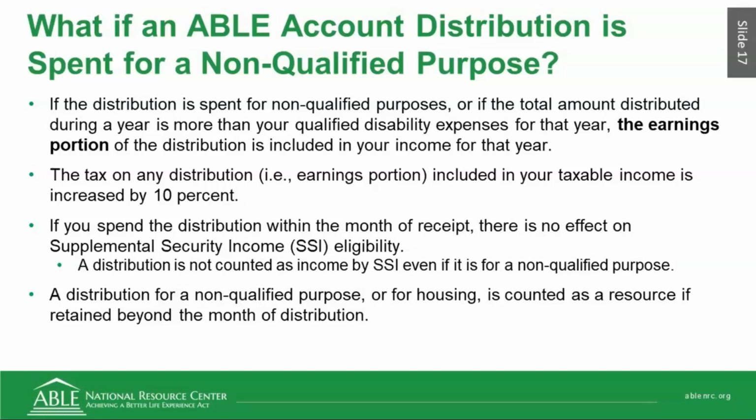Let's say you've got a person who's been putting money into the ABLE account for the last 2 years or so. They've made a total of $5,000 worth of deposits, but the balance is up to $5,500. What does that mean? $500 represents the earnings on the account. So that's about a 10% rate.